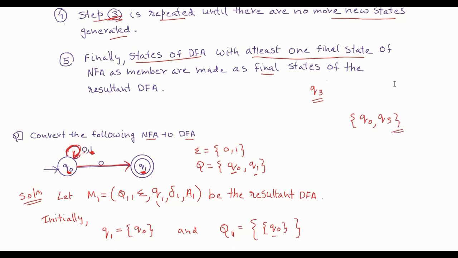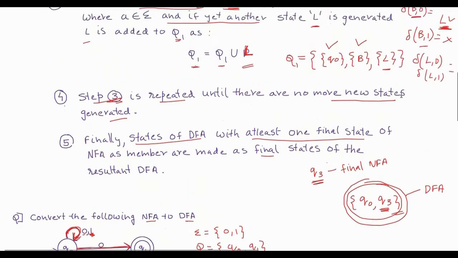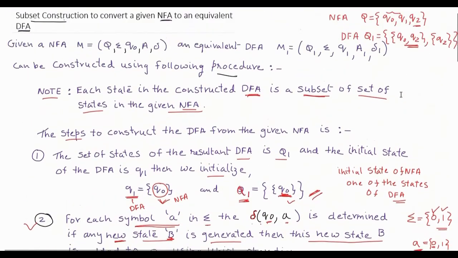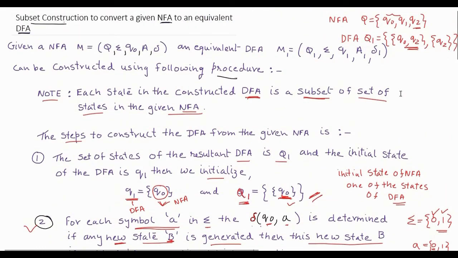Let us say Q3 happens to be a final state of the NFA that is given to us, and Q naught Q3 is one of the states of the DFA. Since Q3, which is a final state of the NFA, happens to be a member element of this subset, this whole subset state should be considered a final state of the DFA.